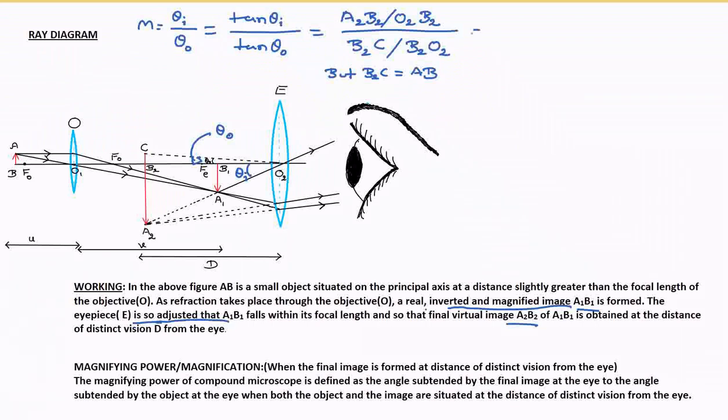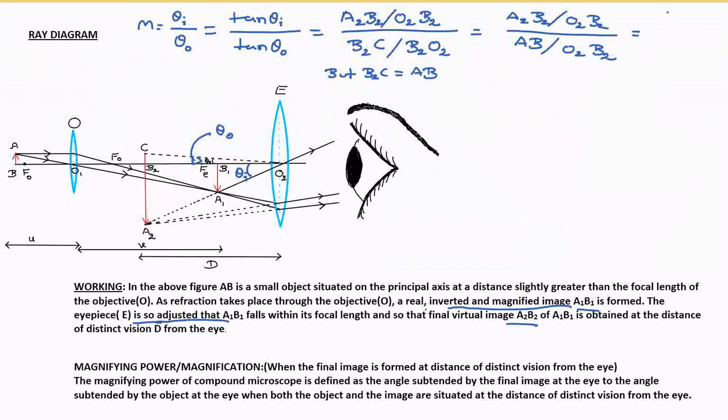So this can be written as A2B2 divided by O2B2 divided by AB divided by O2B2. So this O2B2 will be cancelled out.